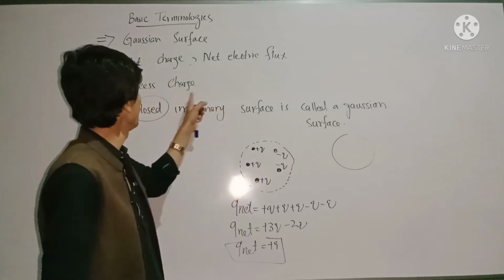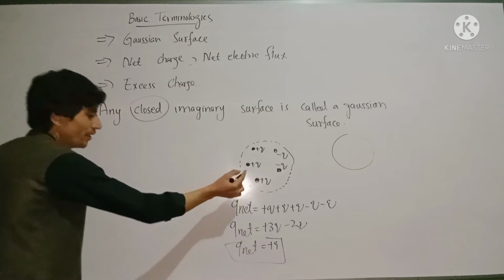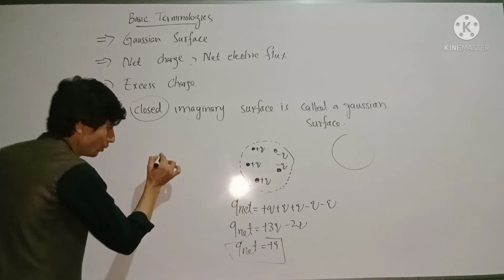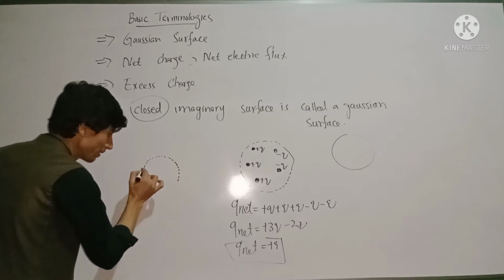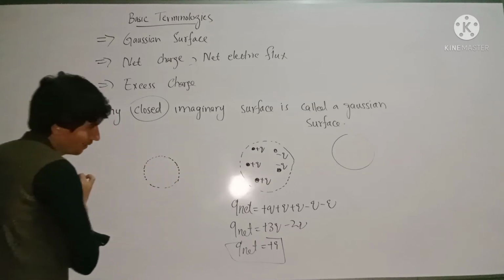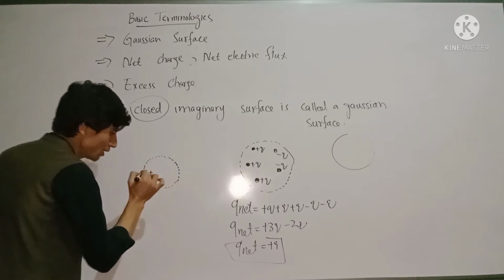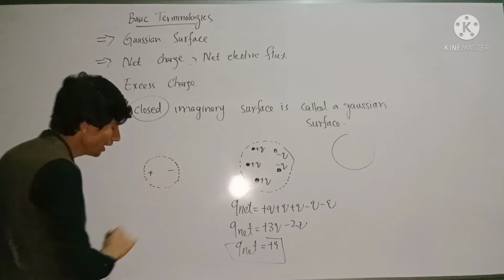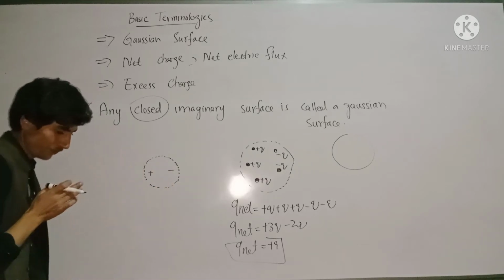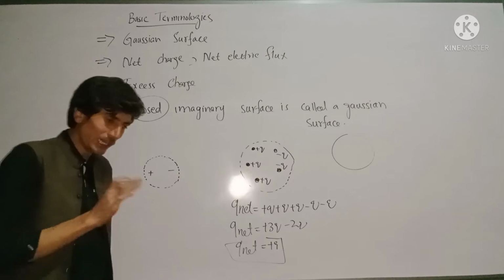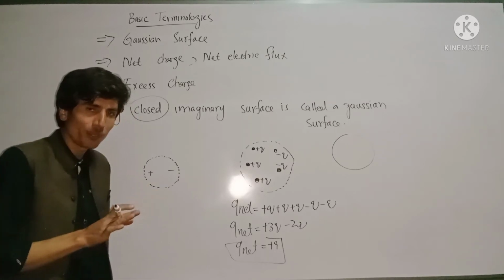Now student, what is meant by the net electric flux? Again considering this Gaussian surface, but this time we have two point charges, one positive and the other negative. These two charges will attract each other and develop an electric field.